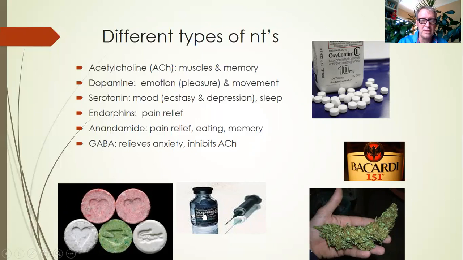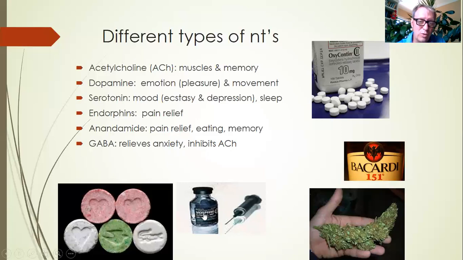GABA is the last of the neurotransmitters I want to talk about. These are naturally occurring chemical messages in our nervous system that are responsible for relieving anxiety. And so one drug that actually facilitates the release of GABA is alcohol. So if a person drinks alcohol, they get more release of GABA neurotransmitters, and that causes them to be more relaxed and just less anxious.